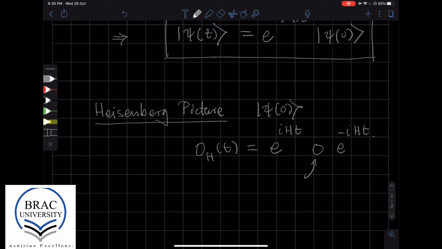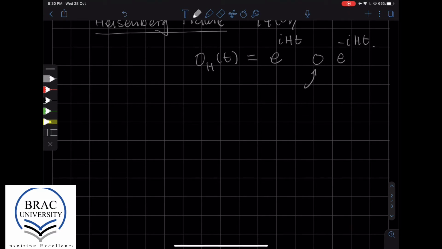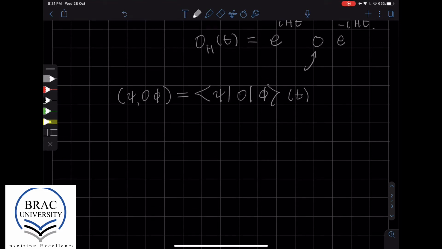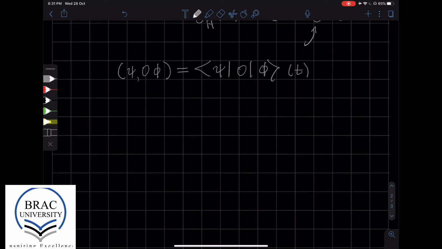So the justification for this formula comes from the fact that in quantum mechanics, and therefore also in quantum field theory, the basic observables that we deal with are inner products. So if you have an operator, then the inner product of the operator with some states psi and phi, which in the Dirac notation can be written as psi O phi. Now this is a time-dependent quantity, but the time dependence can either be in the operator or it can be in the state.